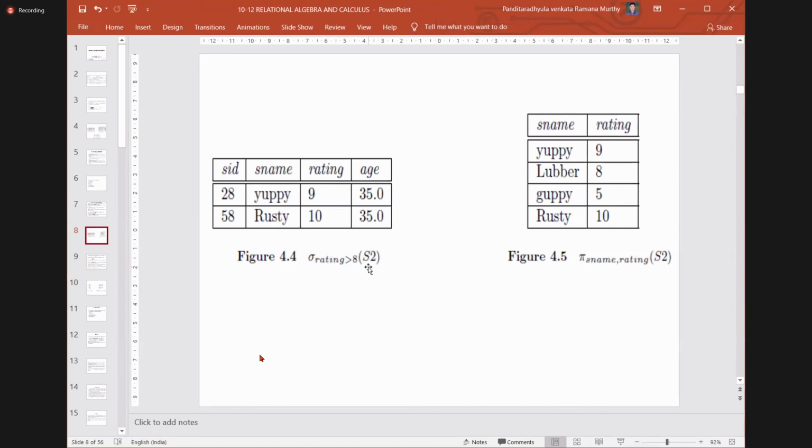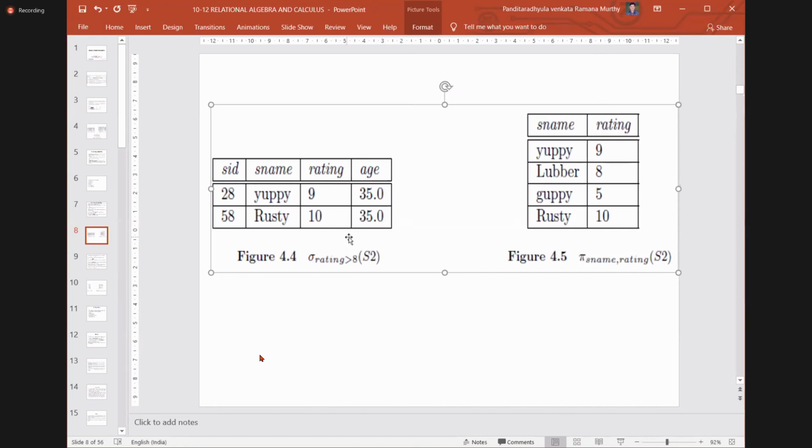I use this result as an intermediate result, instead of applying the projection directly on the original table S2. I want to use this intermediate table as input now.